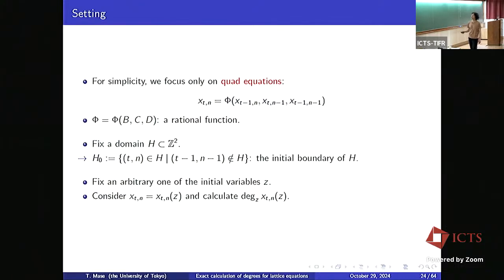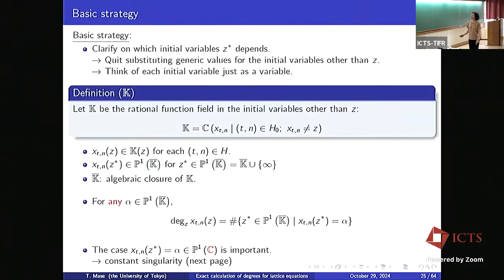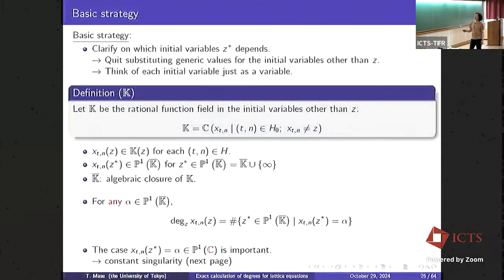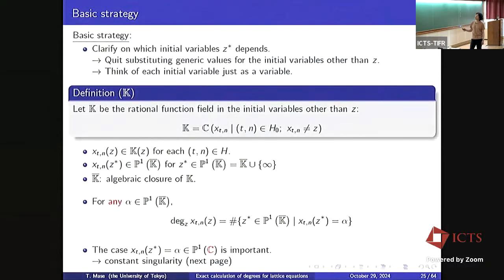And fix an arbitrary one of the initial variables, say z, and we consider the degree of xtn with respect to z. So the basic strategy of my method is to clarify on which initial variables z star depends.